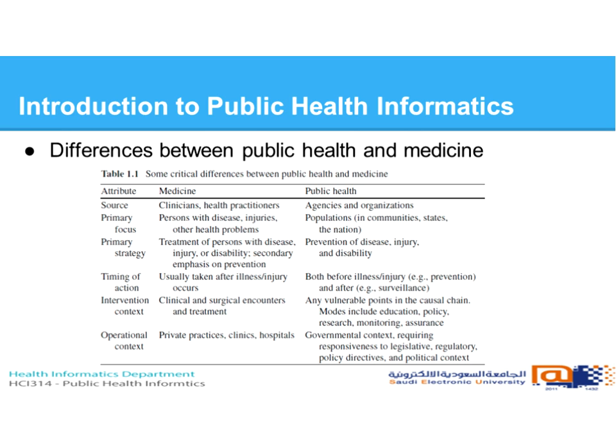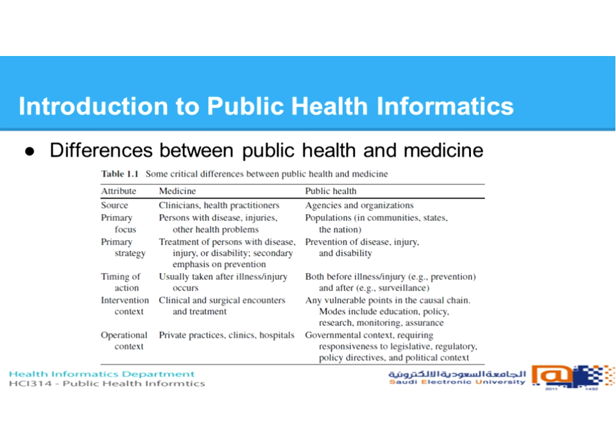As you can see in this table, it differentiates between public health and medicine. I don't want to read all of these things. The source in medicine is clinicians and health practitioners, while in public health it is the government or organizations and agencies.